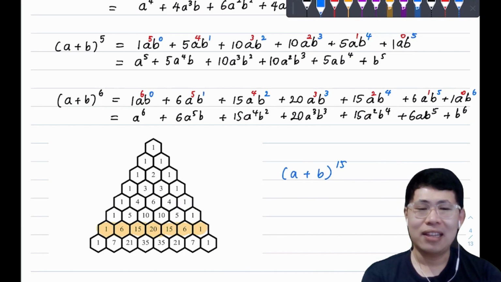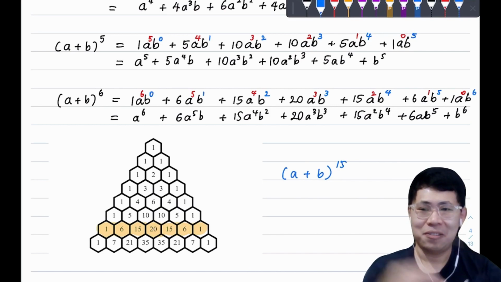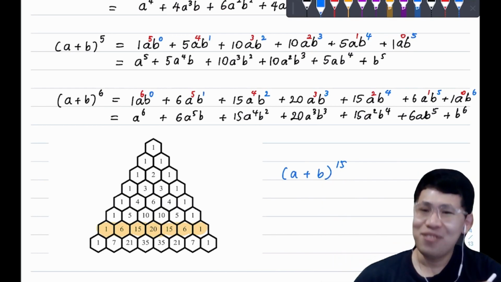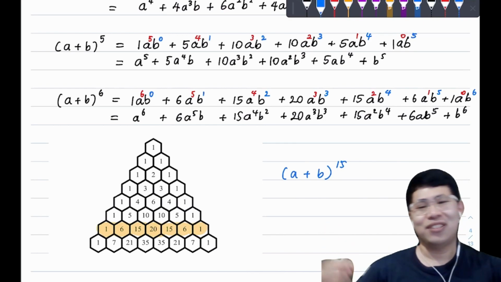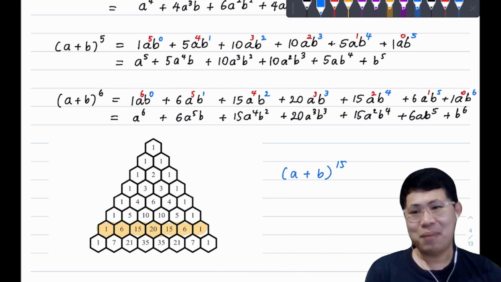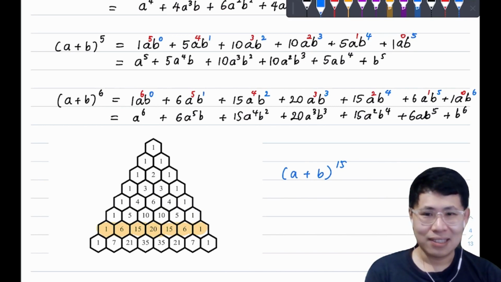One thing you may think of is that maybe I need to find the 15th row in the Pascal triangle and do the 15 thing all together. I can do that, but it's going to take me some time. So is there a faster way to do this? Definitely there is.